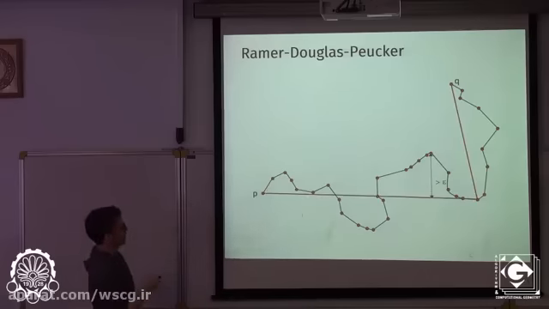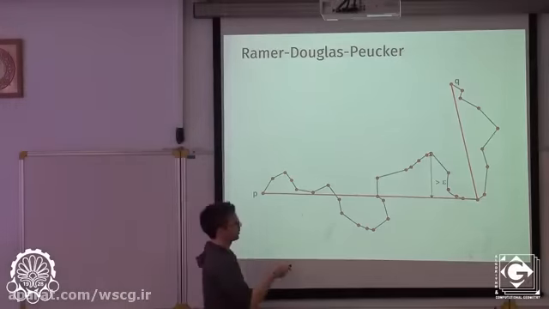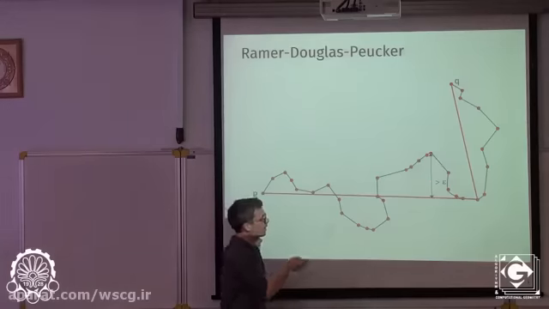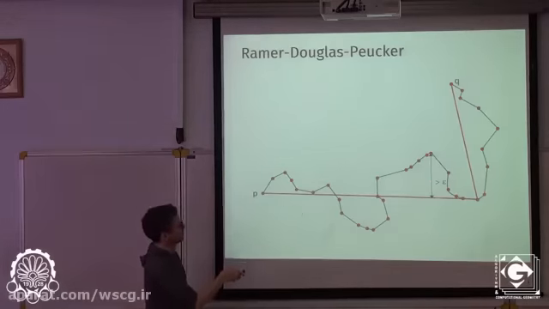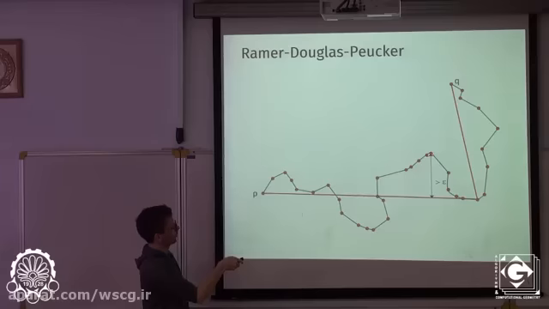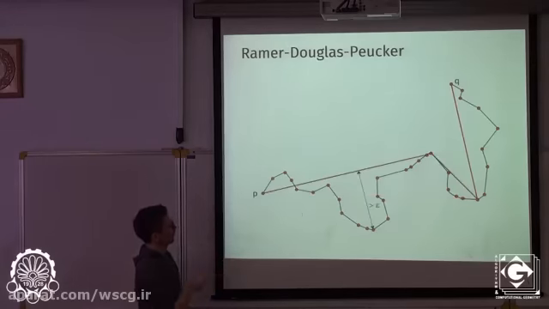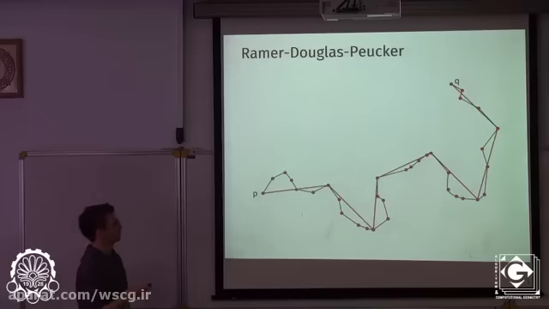Now the question is, is this a sufficiently good approximation of this part of the curve? If yes, good. In my case, I say no, and this is the reason why not. This is now the point furthest from this line segment. So I continue my recursion, and so on. Eventually this would be the simplification we end up with.